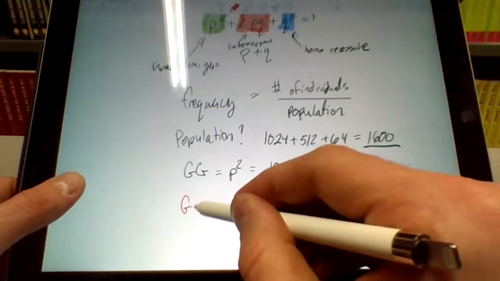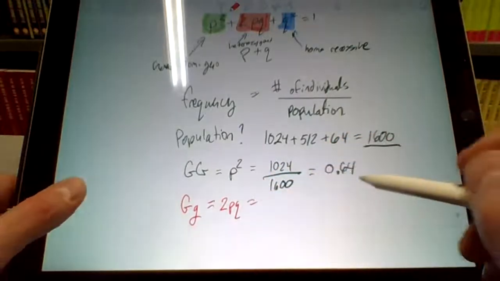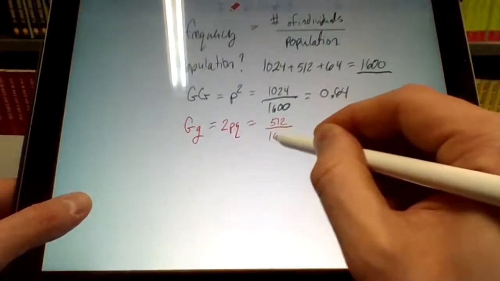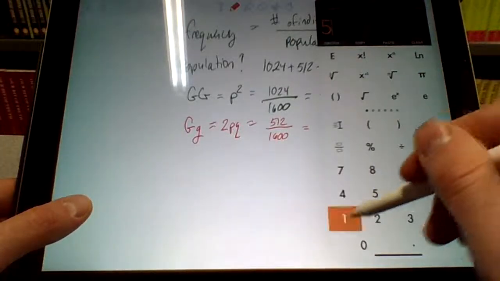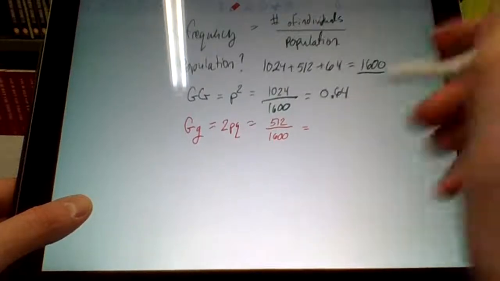We had G, our heterozygote. This is the 2pq, and there are 512 of those individuals. So that's 512 divided by 1,600. That's 0.32.